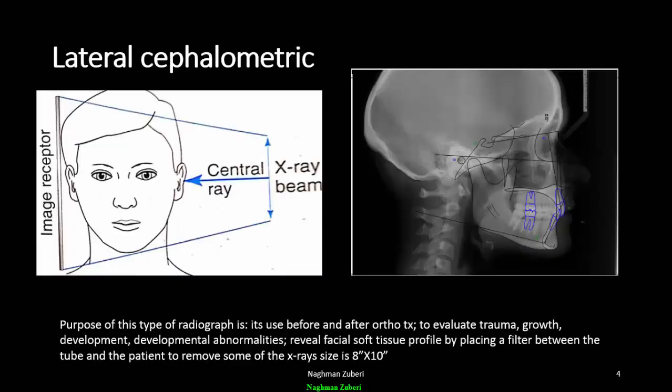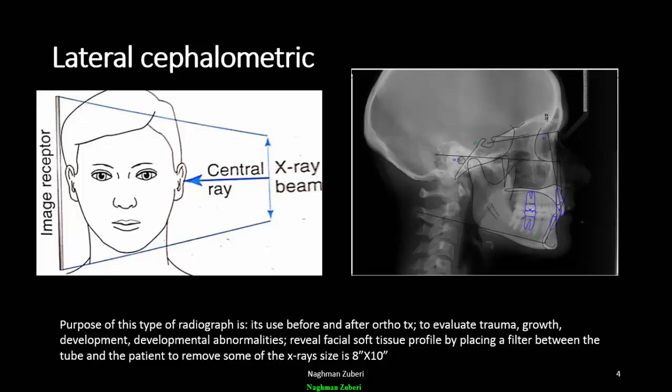This is a lateral ceph. Most commonly, it is being used in orthodontics as well as in orthognathic surgery. Purpose of this type of radiograph is that it is used before and after the ortho treatment or before and after the orthognathic surgery.